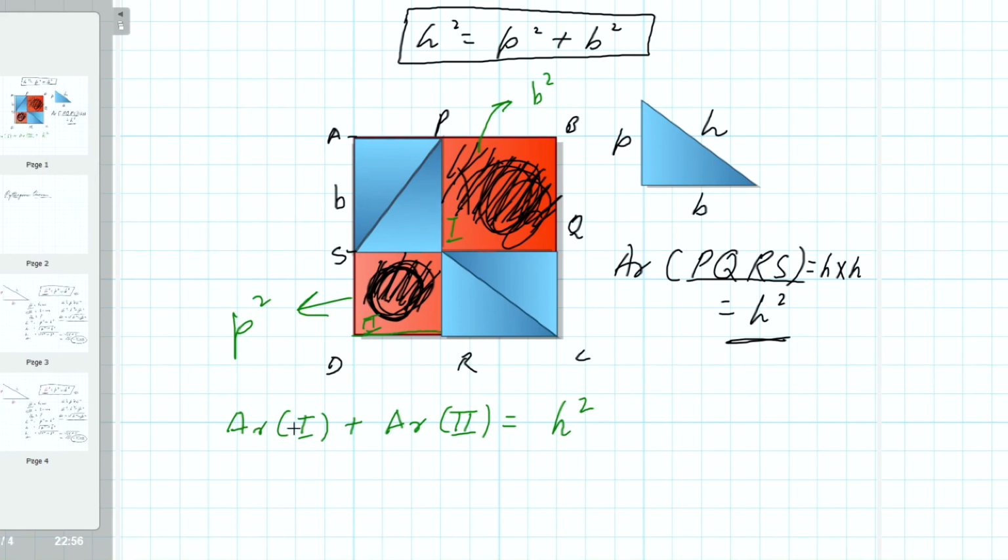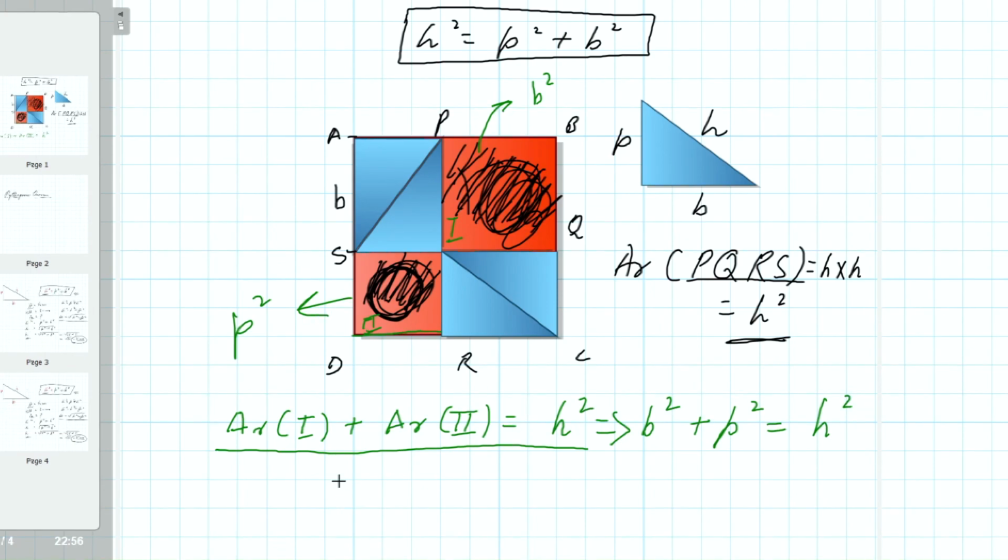Now put the values in the equation that we have here: area of figure 1, which is B square, plus area of figure 2, which is P square, will be equal to H square.